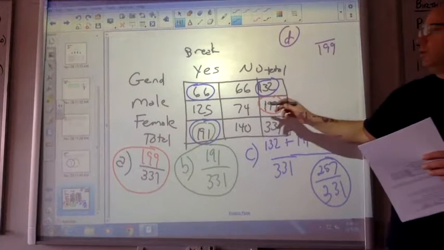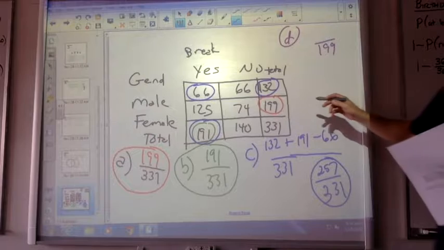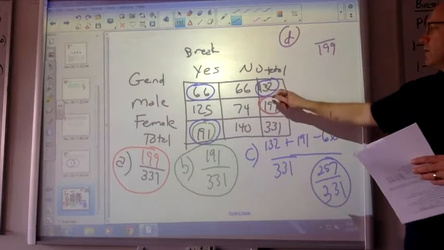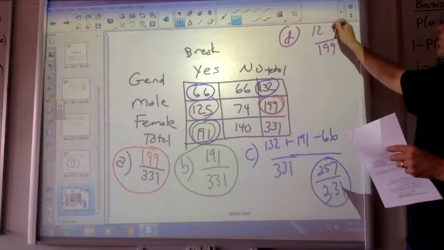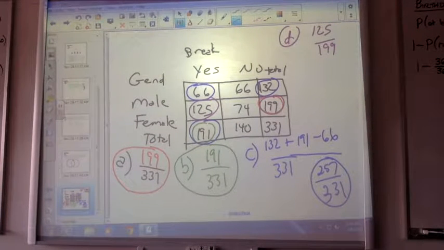Okay, and then how many of those females ate breakfast? 125. Okay, so how this study would work is you have your 331 people. You say females over here, and then you go over, okay, females, I'm going to pick somebody at random of you to see if you ate breakfast. So you're changing how your probabilities or your statistics work. You're eliminating part of the group, and this would be like, who's wearing Nike tennis shoes? Okay, come on over here. Who's wearing a hat out of that group type of thing.